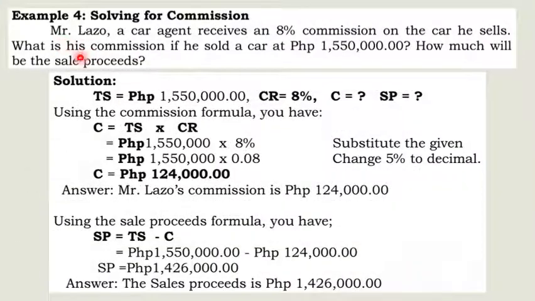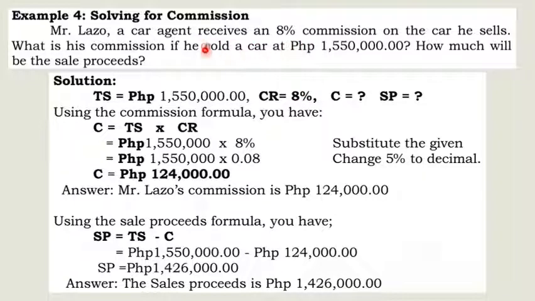So, for example, number 4, Mr. Lasso, a car agent, receives an 8% commission on the car he sells. What is his commission if he sold the car at 1,550,000 pesos? How much will be the sale proceeds? So dito, ang 8%, ito yung tinatawag natin na CR or yung commission rate.